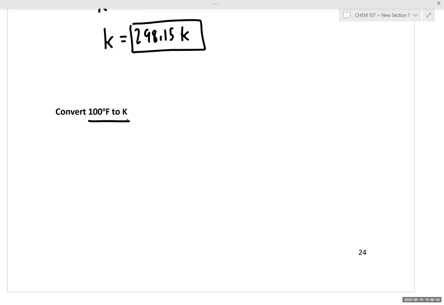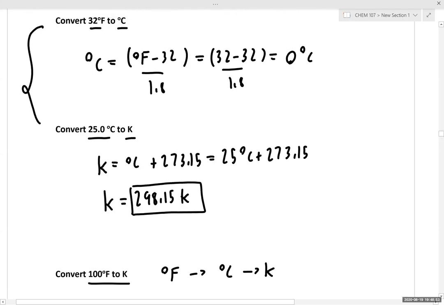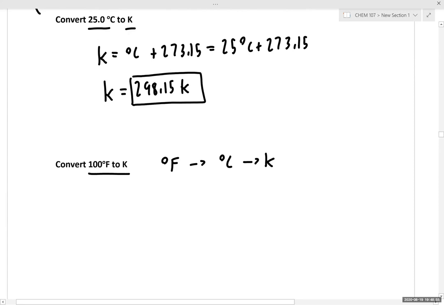Okay, so first and foremost, we're trying to go from Fahrenheit to Kelvin, so we're going through our intermediate unit of degrees Celsius. We know that degrees Celsius are equal to Fahrenheit minus 32 over 1.8.